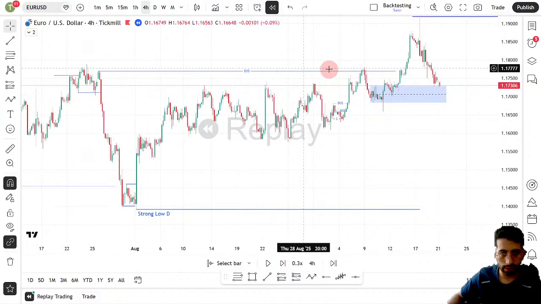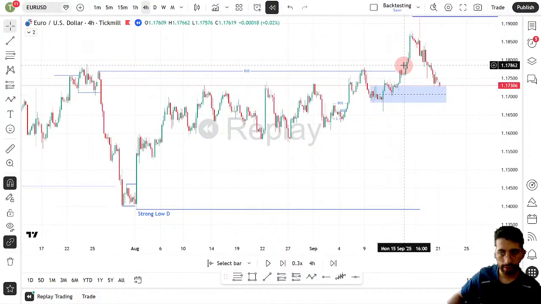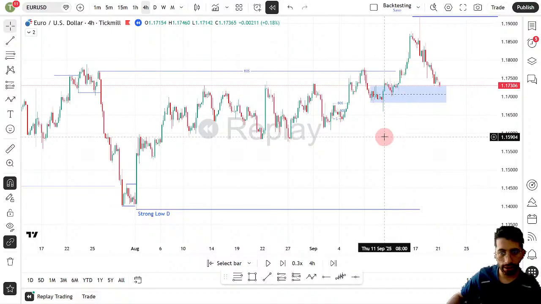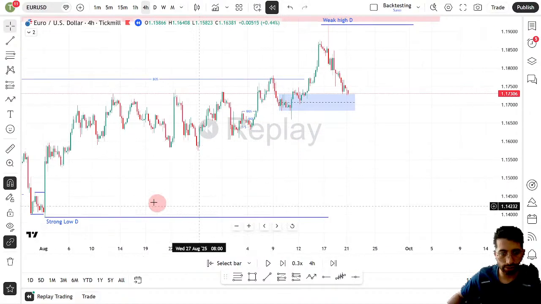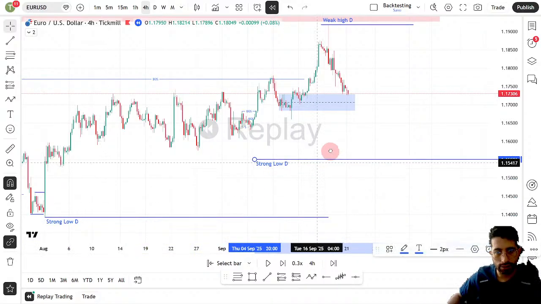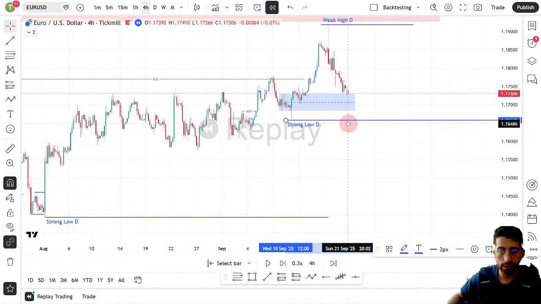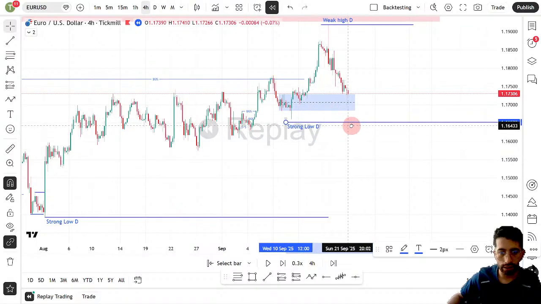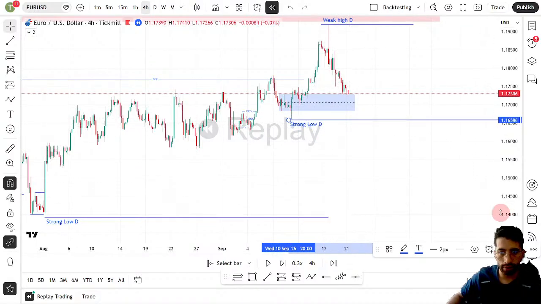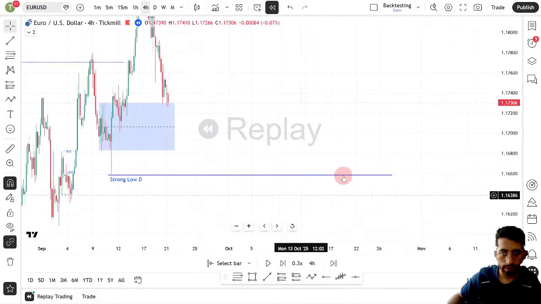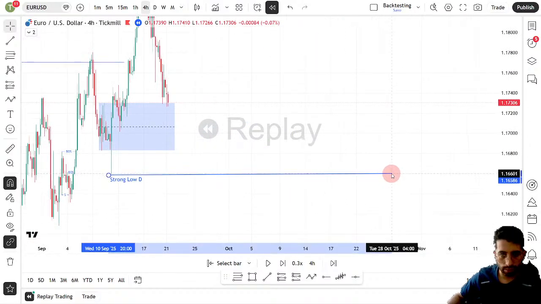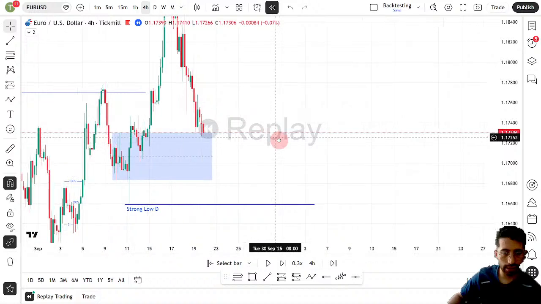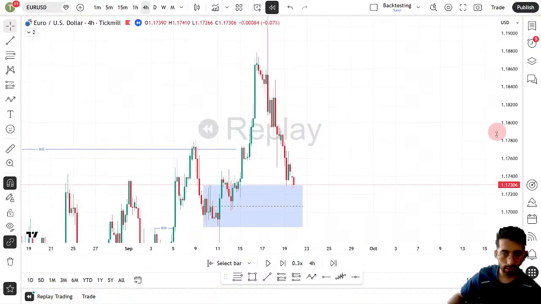And once it was broken with the body of the candle, now we already have a market shift or change of structure. Now this closest low, where was it? This one right here will become our strong low in the 4 hour time frame. We're gonna select the closest one that accomplishes the next conditions.